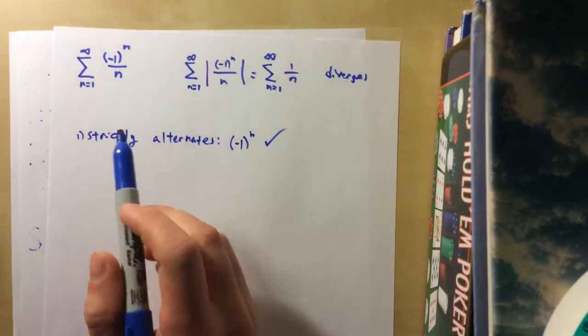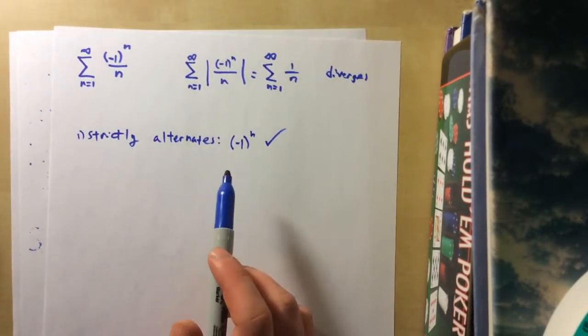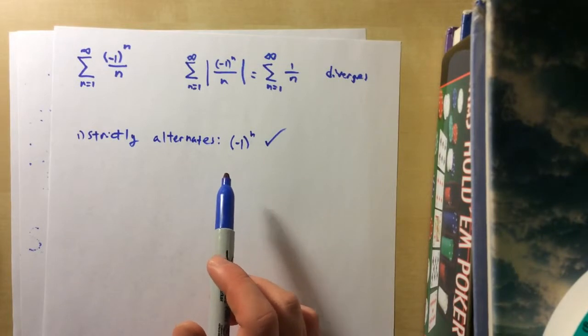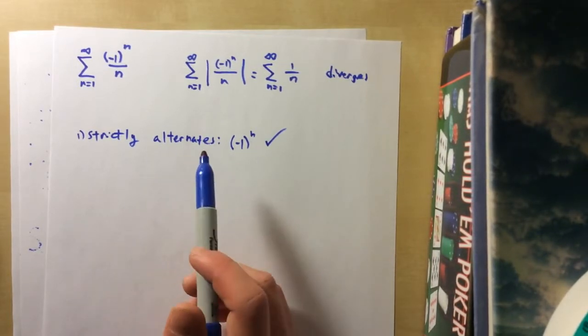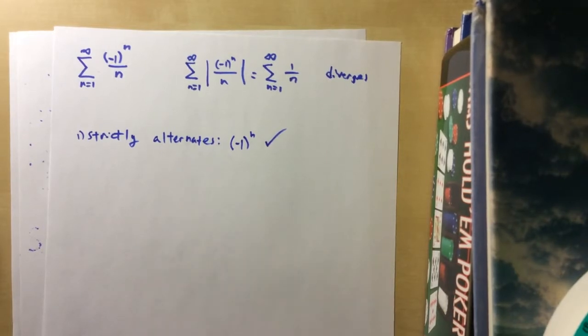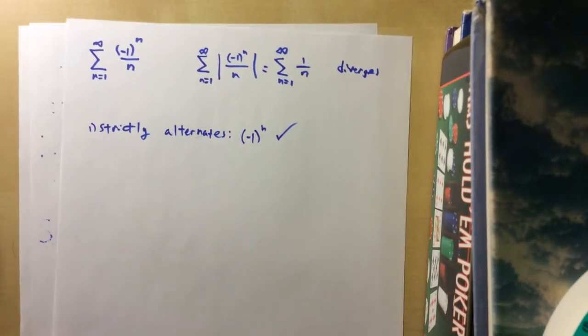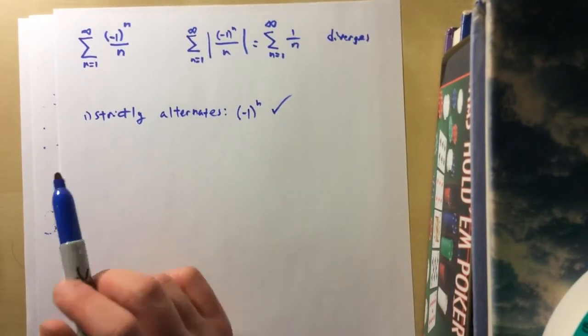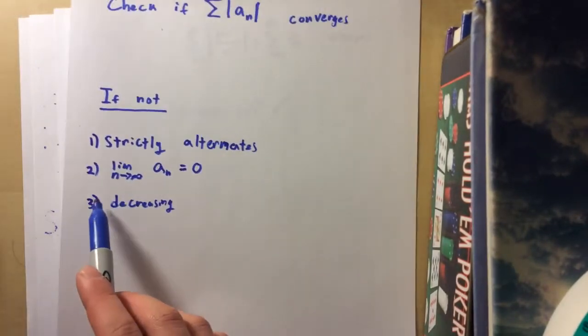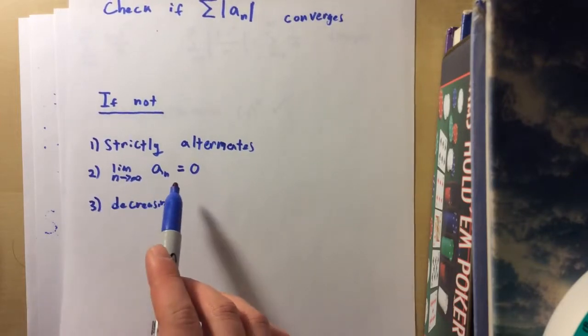So yes, it strictly alternates. Another way you could see it is sine of pi n, because sine will switch sign every pi.